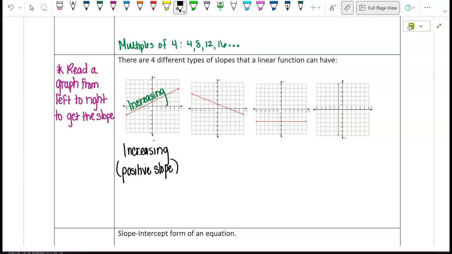And you will learn how to write equations later in the unit, but I'll give you the equation of this line: y equals 1/2 x plus 1. Again, if you already know how to find that, that's great. But we will talk about that as we get into this module a little more.